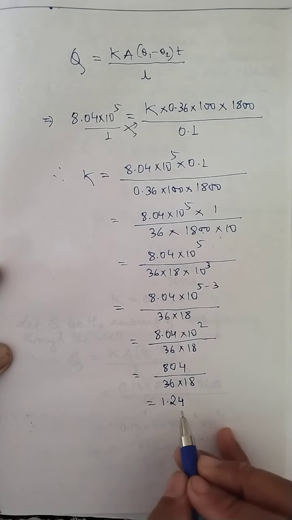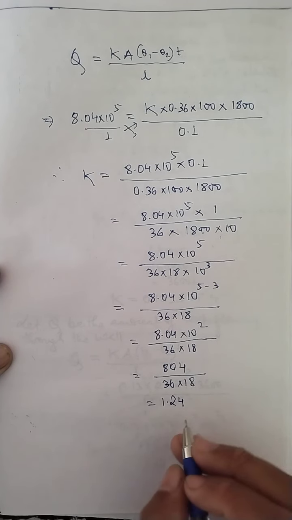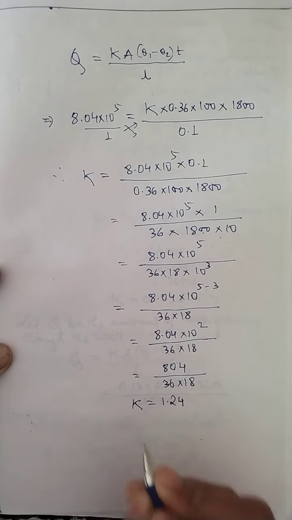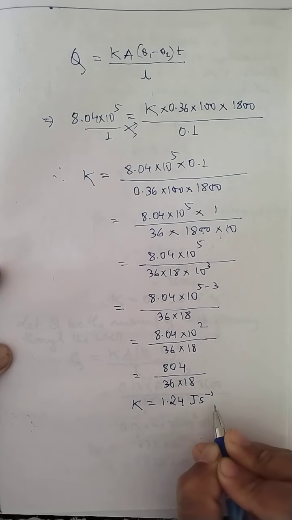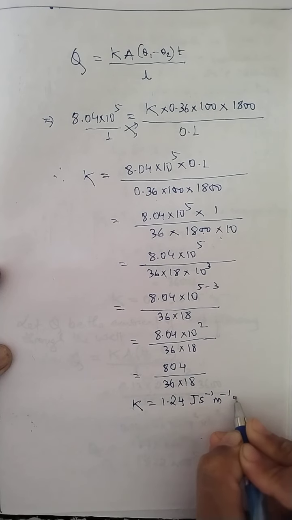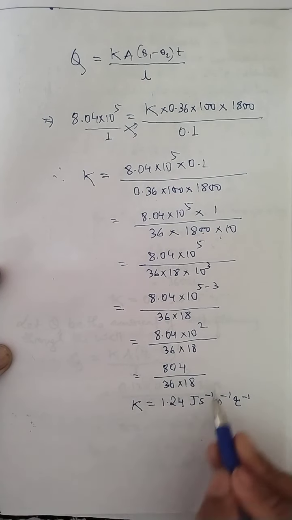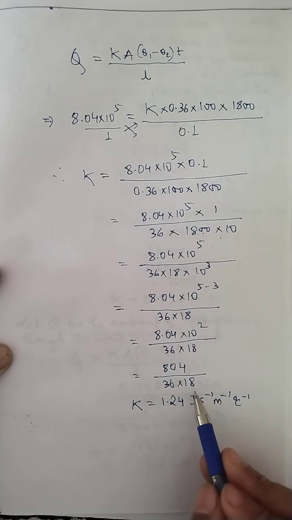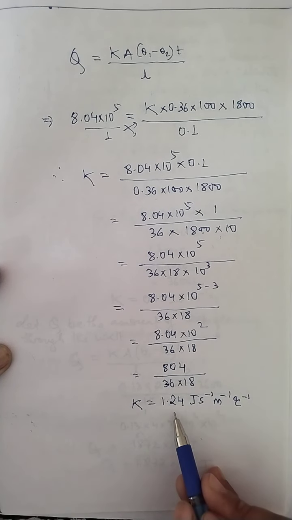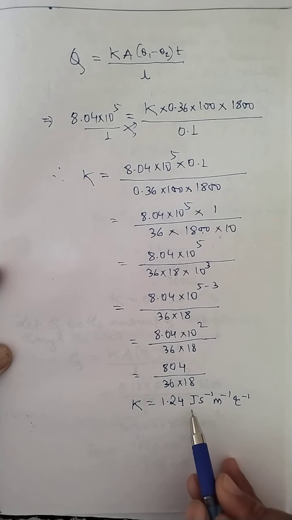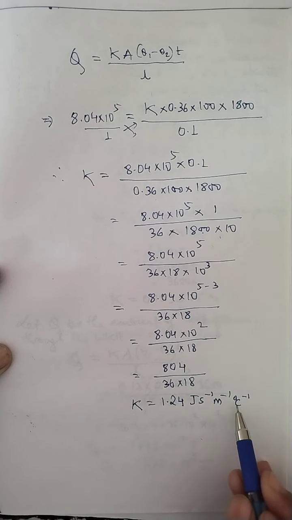So you get 1.24 approximately in 2 decimal places, and this is the value of K. The unit is joule per second per meter per degree Celsius.